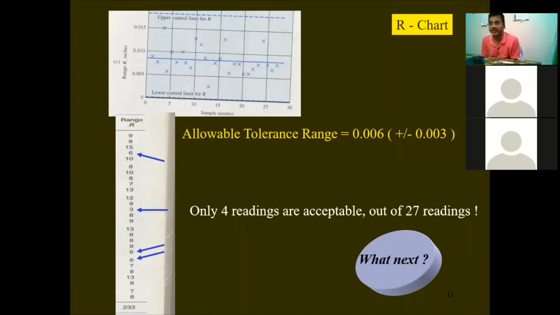I'm talking about range in isolation. X also deviated, individual values. If you go by the range also, it deviated. Out of 27, only 4 readings are within the acceptable tolerance range, not process range. If you are clear on this, I shall proceed further.